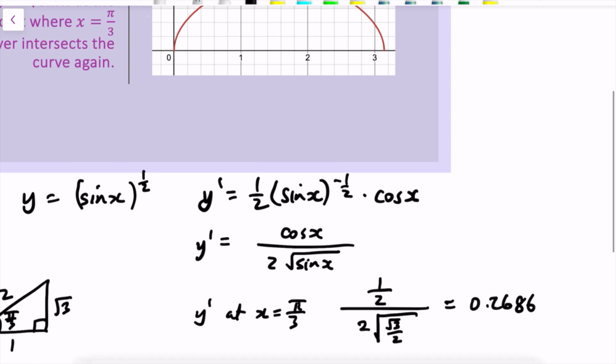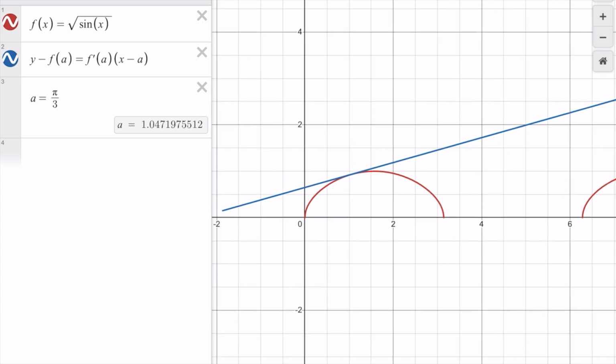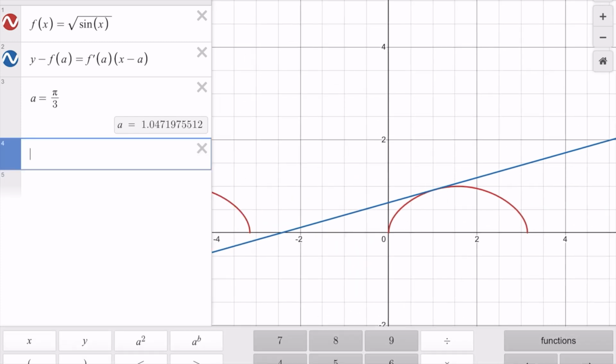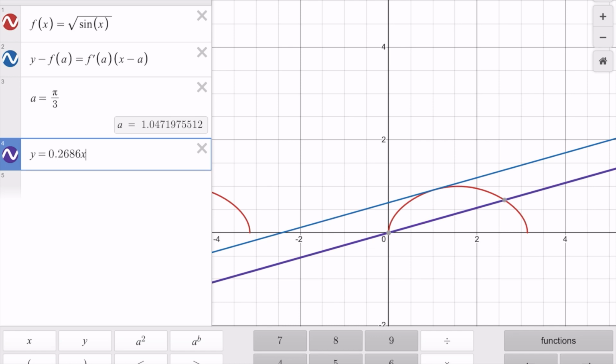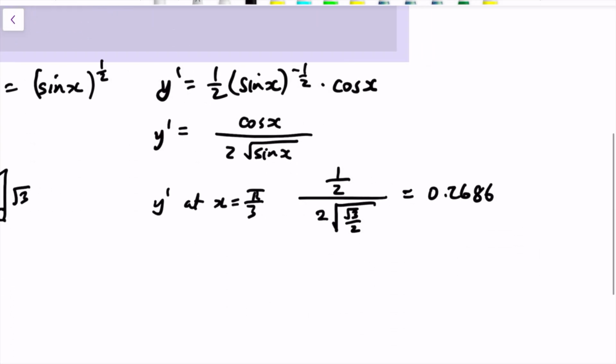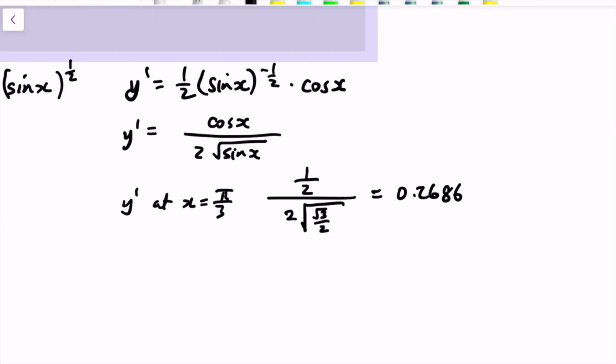Just going back to Desmos just to check if that seems like a sensible number. Let's put in a graph that has exactly the same gradient. So straight line of gradient 0.2686. I've rounded that to 4 decimal places. Yep, that looks good. That's a parallel line. And then we can use y equals mx plus c, or we can use the equation of a straight line, y minus y1 equals m times x minus x1.